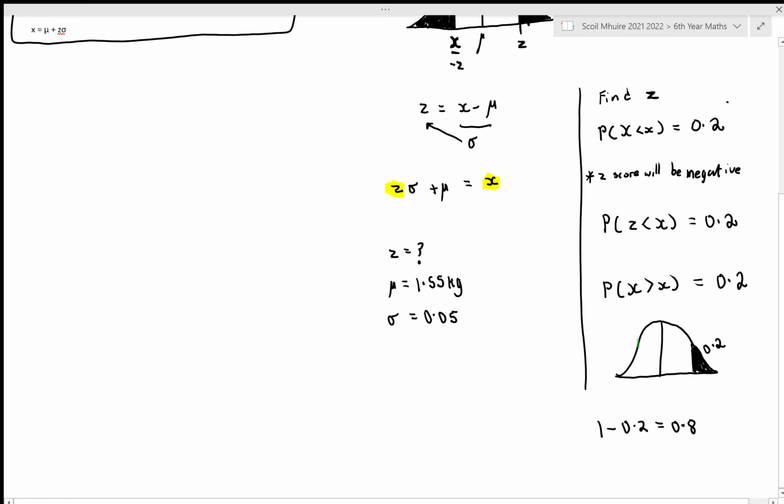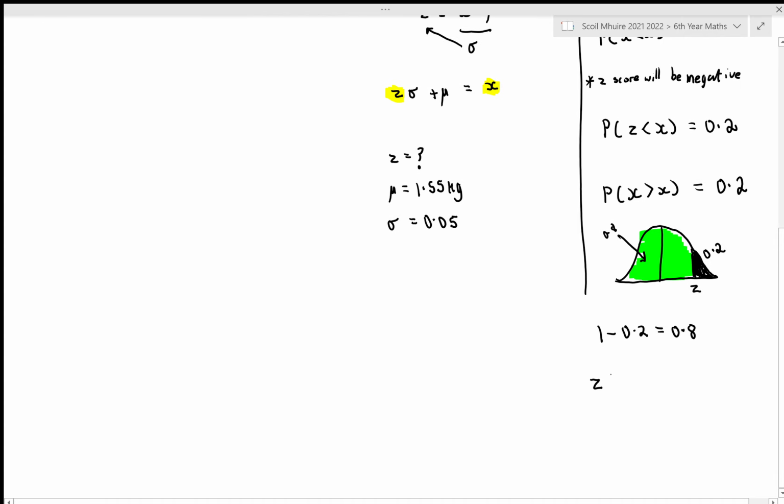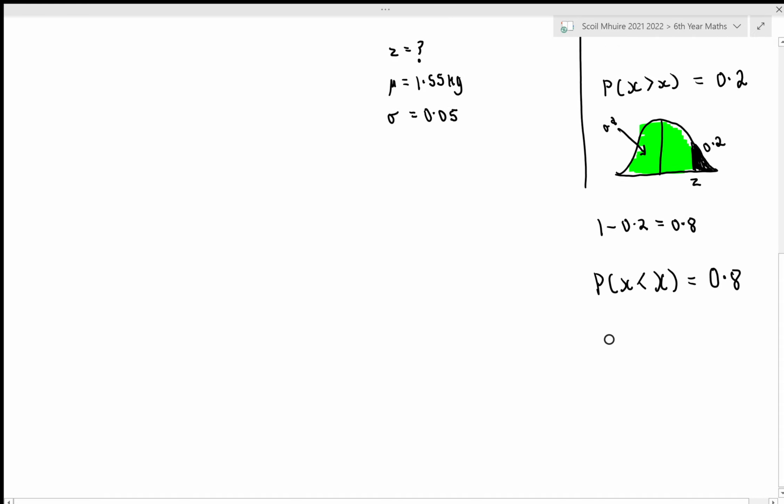So you're looking for the z-score where the probability is 0.8.